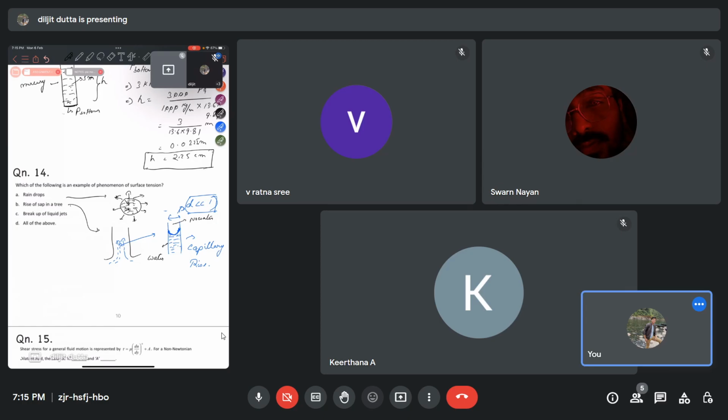The water molecules at the surface, just on the top of the water column, will be attracted by the adhesive force. The small tree column will attract the water molecules on the surface, because the adhesive force between the tree pulp, or whatever small column we are taking inside the tree, is more than the cohesive force.